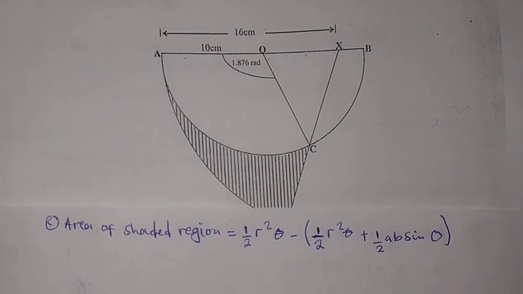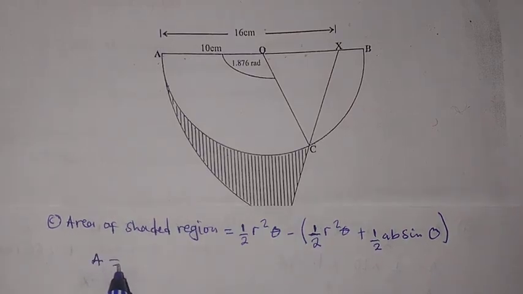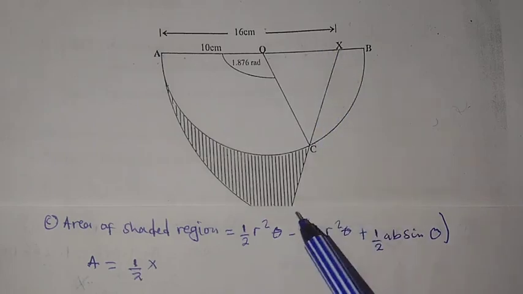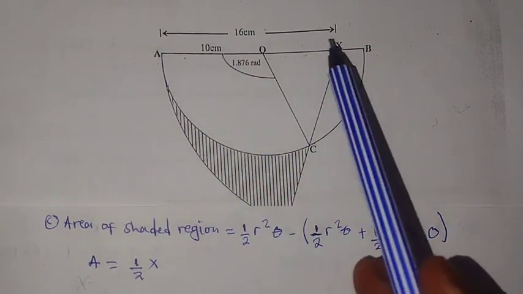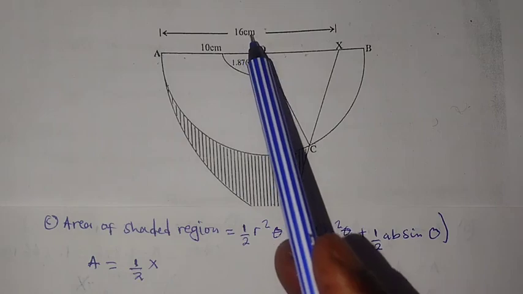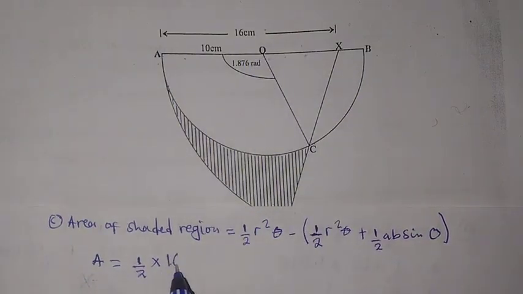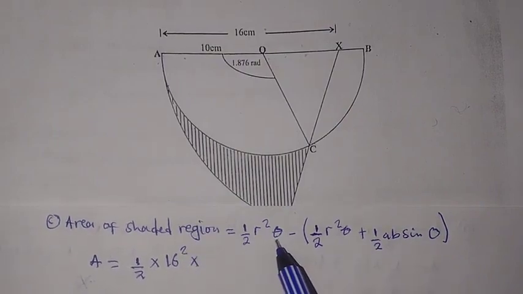So from here, let's just substitute the values. We are going to say area equal to 1 over 2 times, for this sector AXD, the radius from here to here, AX, is 16. So this will be 16 squared times, then what is the theta?